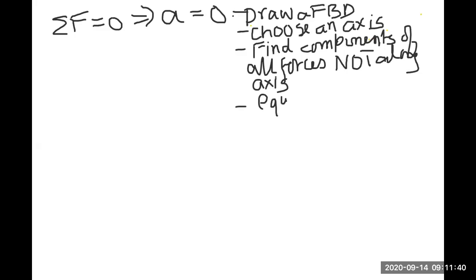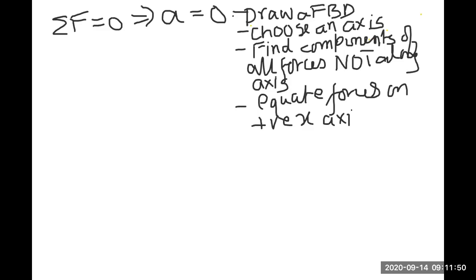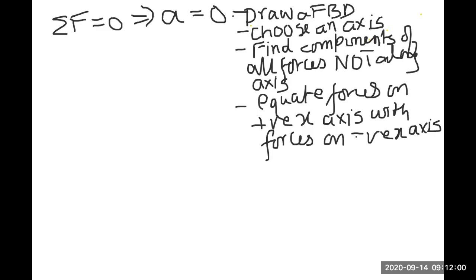Equate forces on the positive x-axis with forces on the negative x-axis, and then simply repeat for the y-axis.